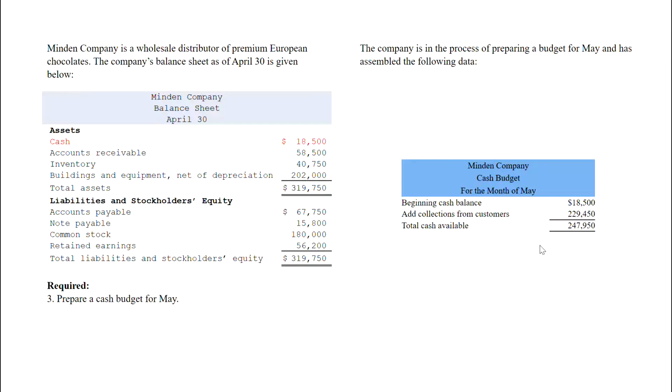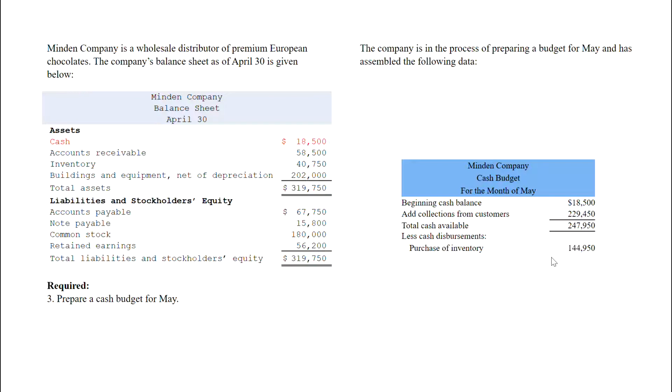$247,950. Obviously, we're going to project that we're going to have to make some payments. One of those is cash disbursements related to inventory. Again, point number 2, we totaled up that our projected cash payments for purchase of inventory for May are $144,950. Now, we can't stop here.